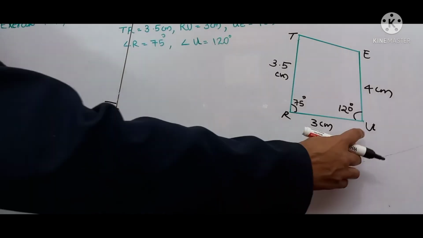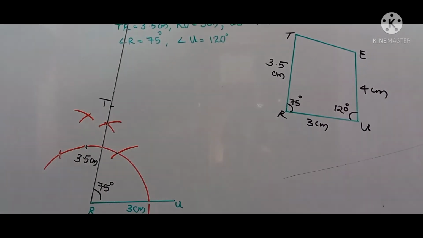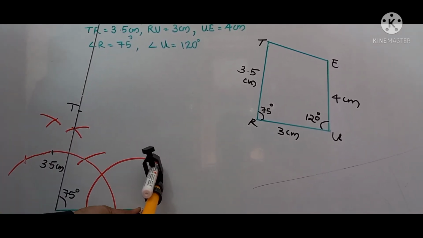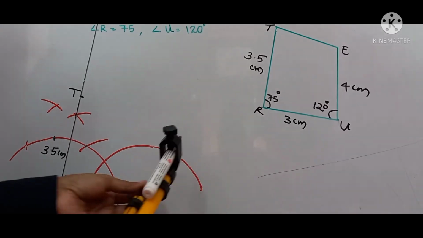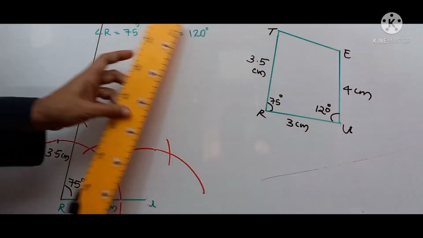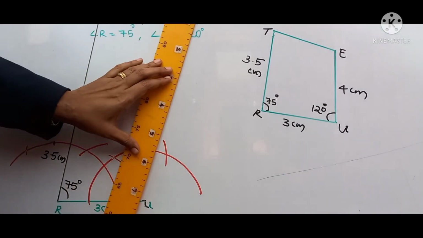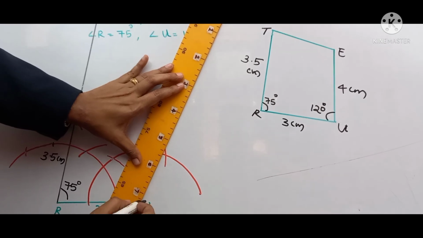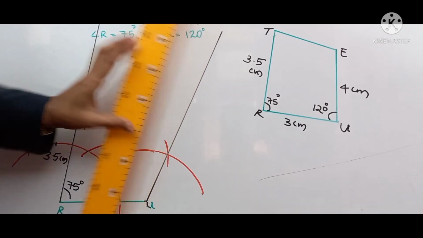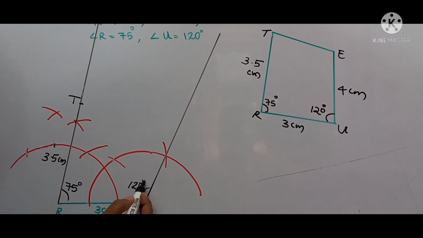Then next we have to construct angle U is equal to 120 degree. Now we have joined that and we have got that 120 degree.